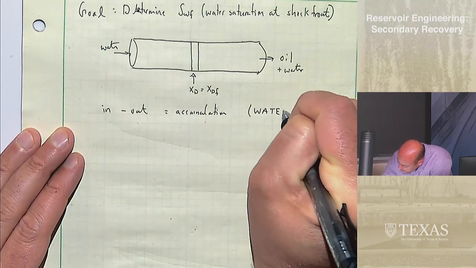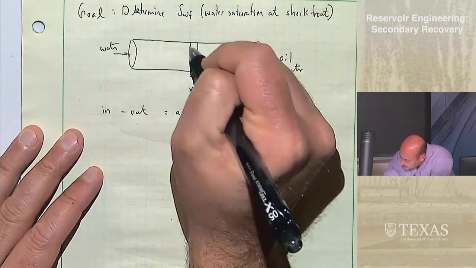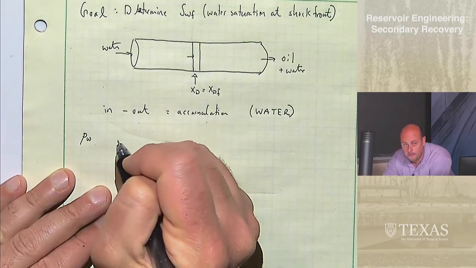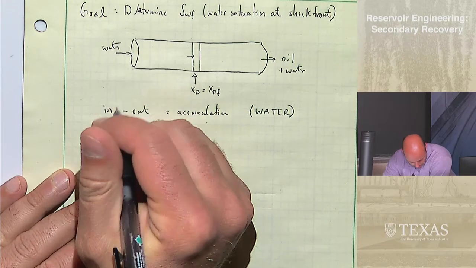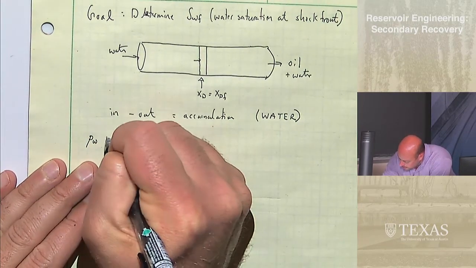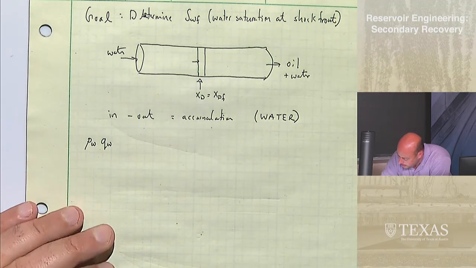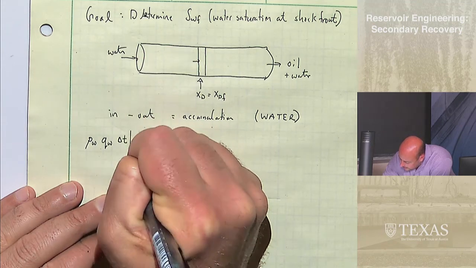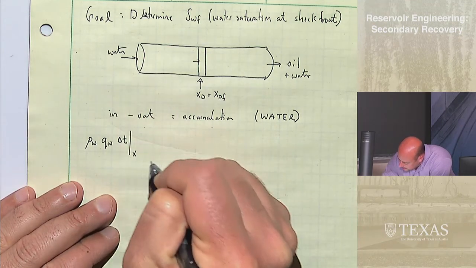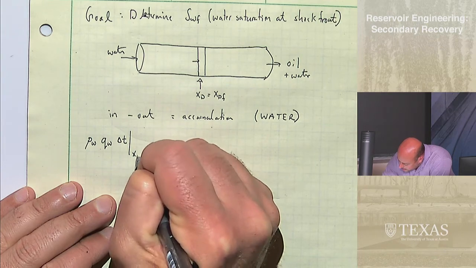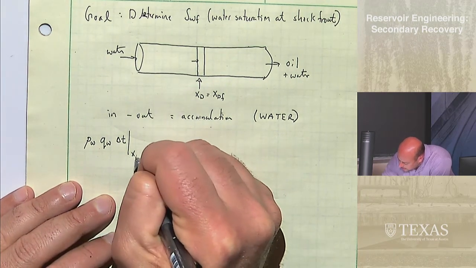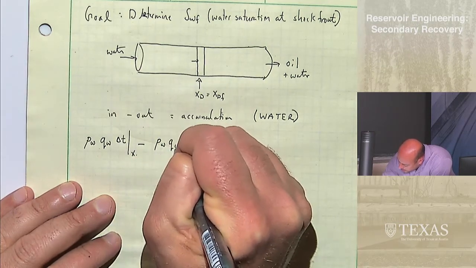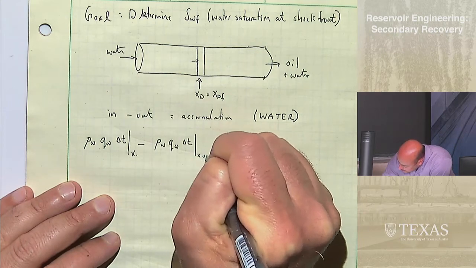Okay, so the mass in to this control volume is the density of water, a mass per volume, times the rate of water, QW, which is a volume per time, times delta T, at position X, minus rho W QW delta T at X plus delta X.